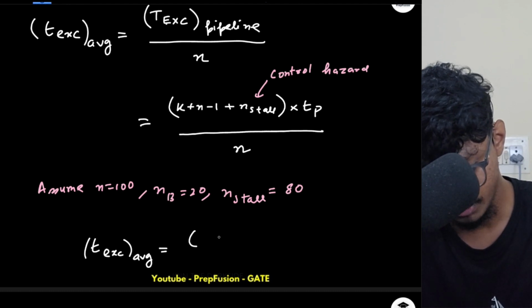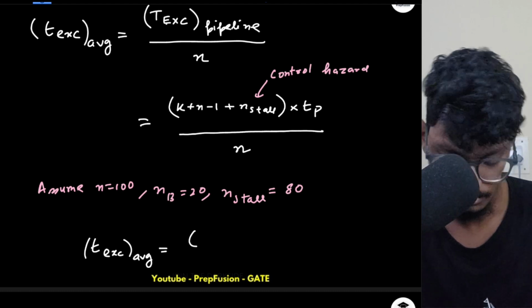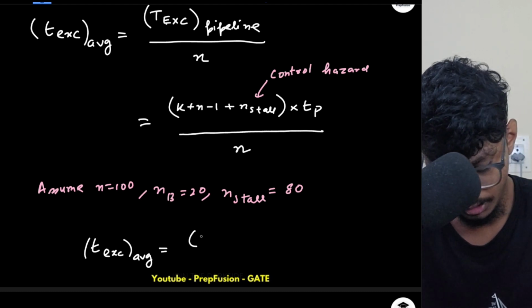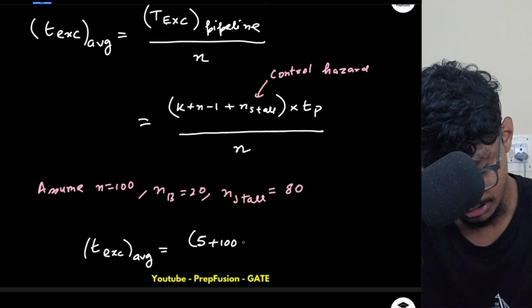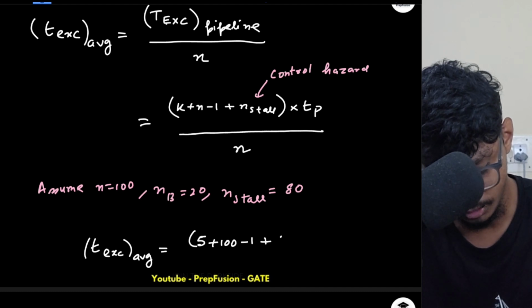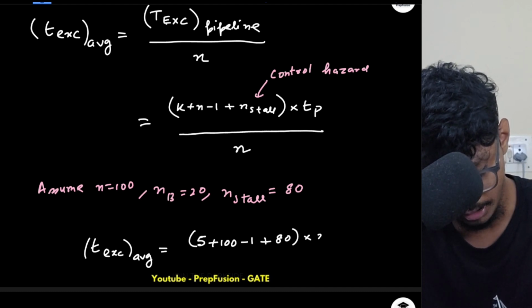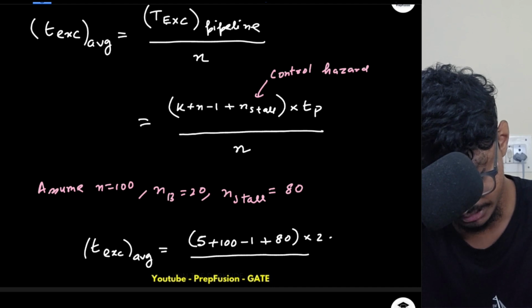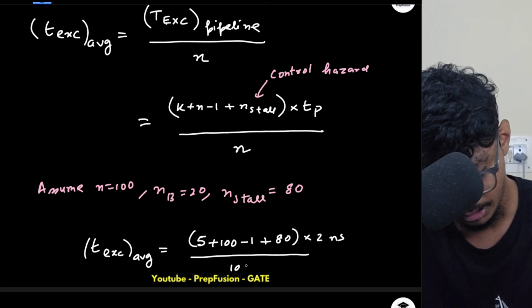Average execution time will be 5 stages plus 100 instructions minus 1, plus the number of stall cycles, 80 stall cycles, into 2 nanoseconds. Remember this is in nanoseconds. Divide by 100.